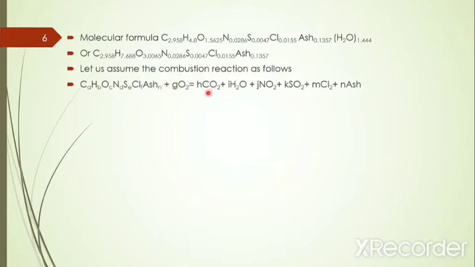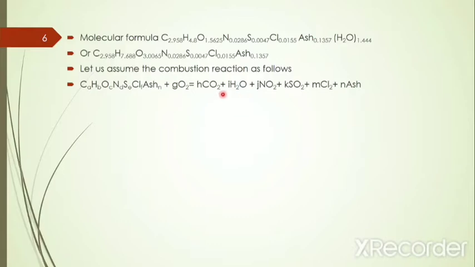And on the product side we will have carbon dioxide, obviously water, and other than that nitrogen dioxide, because in this problem a small amount of nitrogen is present in biomass, and that will be converted to nitrogen dioxide. And sulfur dioxide also will be there, because sulfur is present in trace amounts, and chlorine will remain as such, and ash also will remain as such.